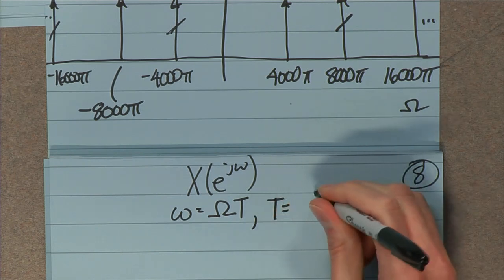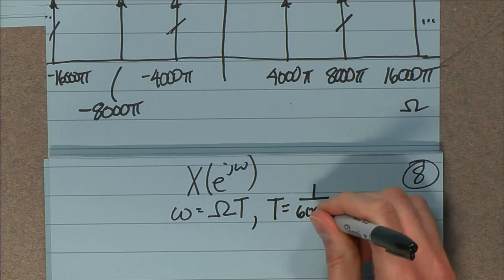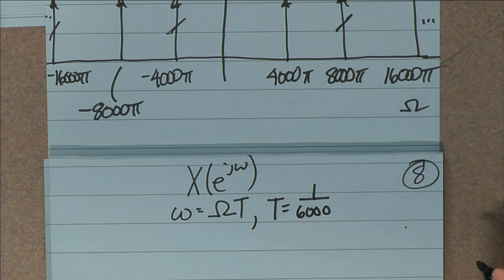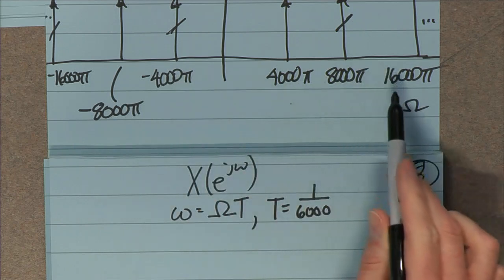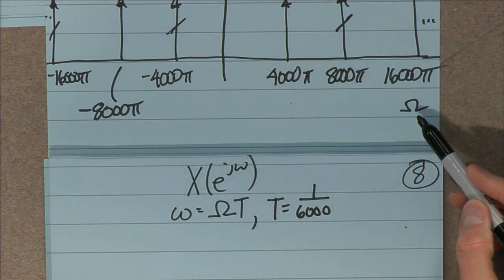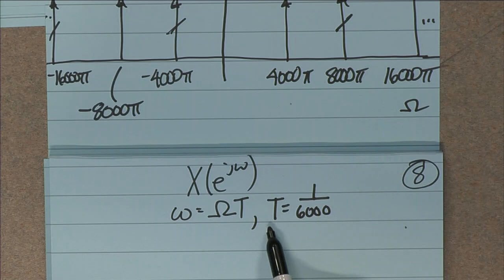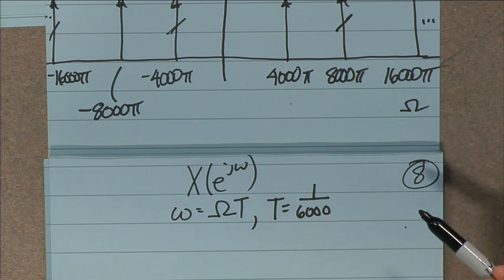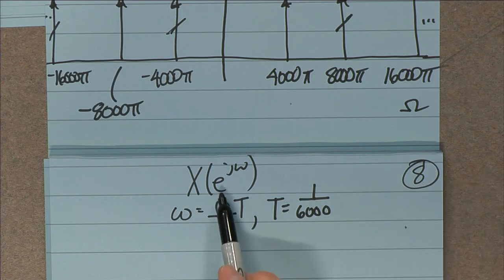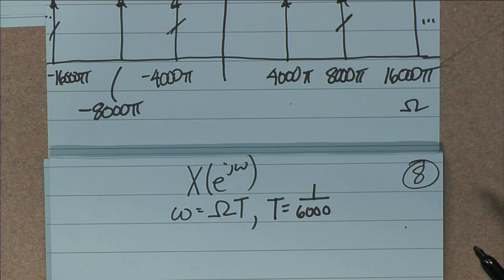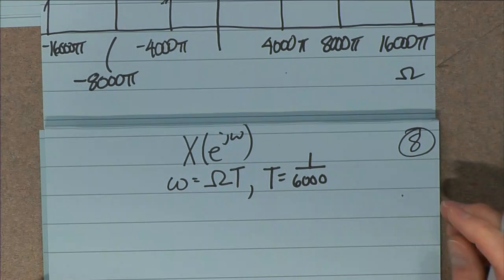And remember, t is 1 over 6,000. So before we get started, we could look at each one of these positions in frequency, in capital omega, radian frequency, radians per second, and convert them into radians, which is the frequency variable of the discrete time. So let's do a few of those right off the bat.